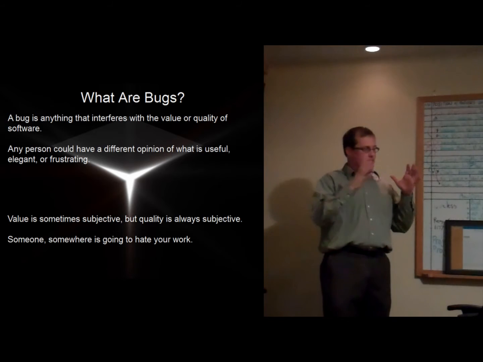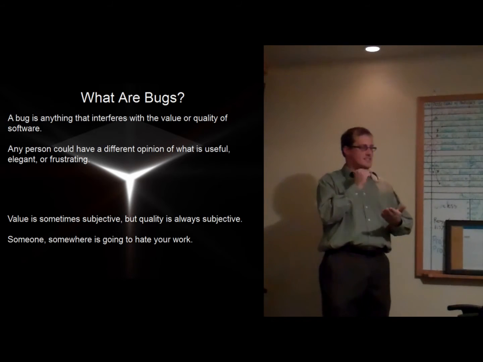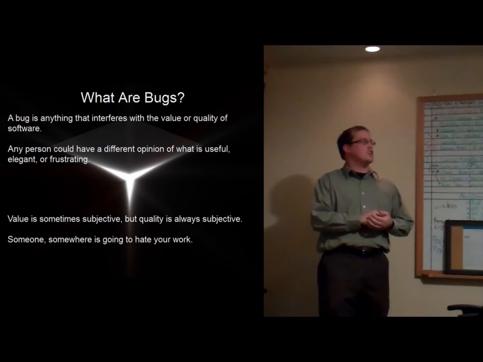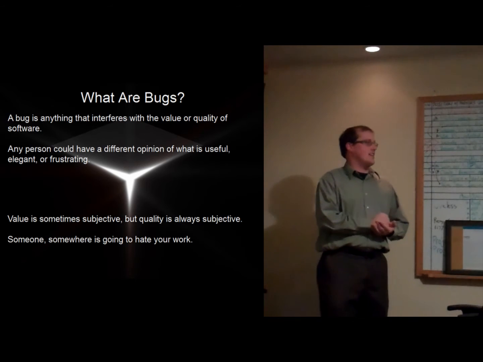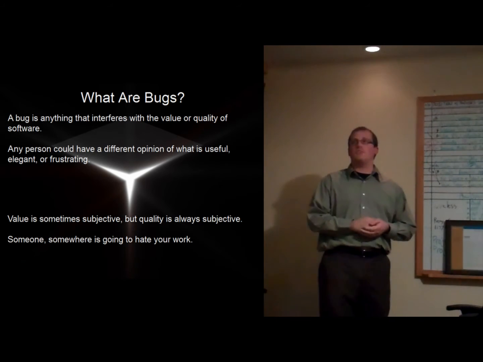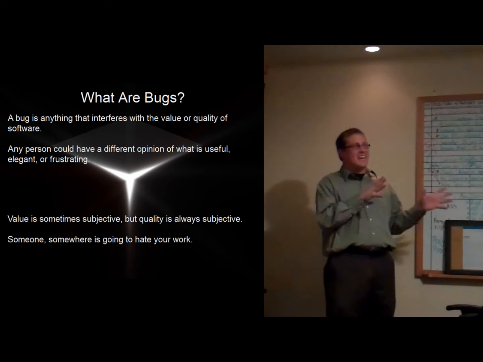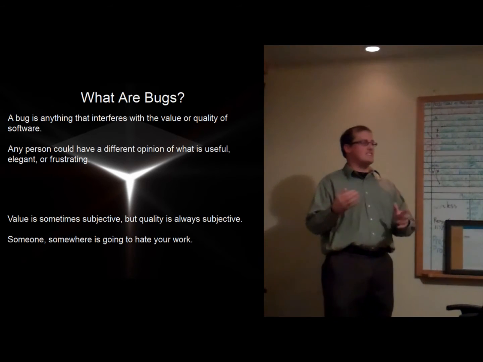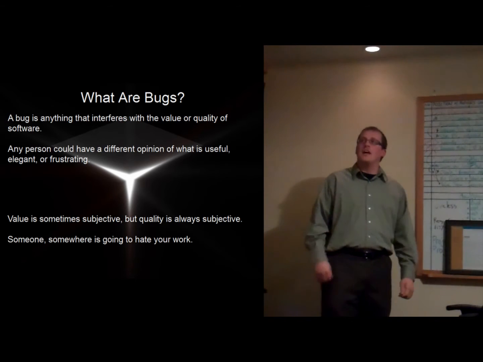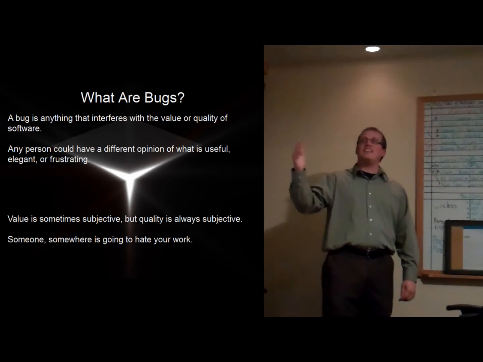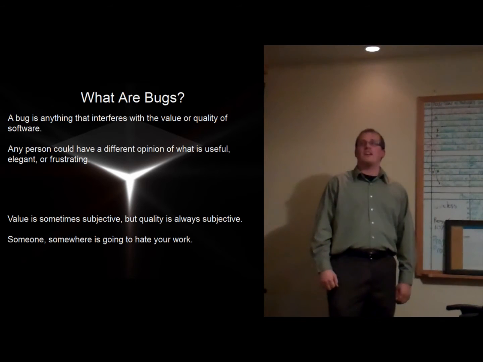Because you could meet the spec, you could intend for it to work that way, and it could be valueless, completely inelegant, and really frustrating. But you've done everything correctly, and that didn't get you anywhere where you can actually accomplish something. That's not going to get anything that someone wants to buy or spend money on. So a bug goes beyond that. It's anything that's preventing you from having value or quality.